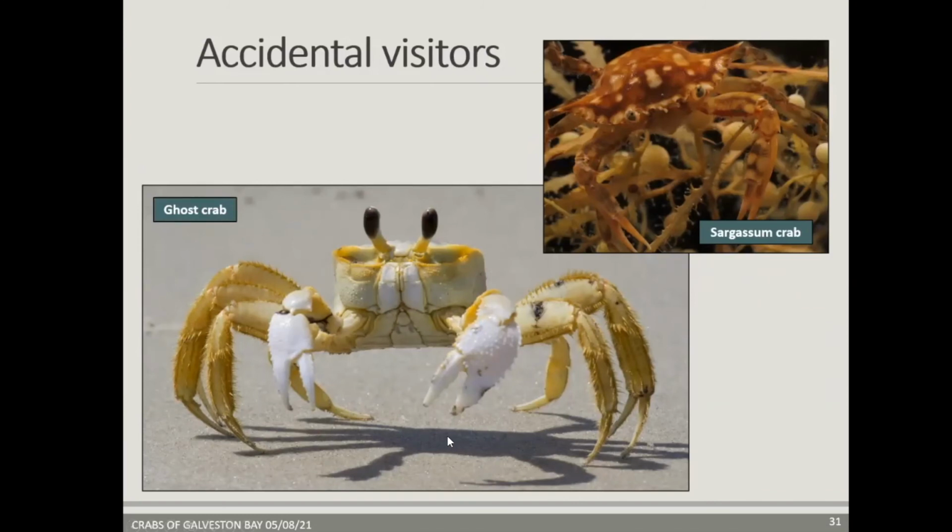You'll never find it in the bay because it likes sand dunes, unless we've had a hurricane or some other kind of wild weather on the beach side that may toss these guys into the bay. And if sargassum makes it into the bay, which is highly unusual, then every once in a while you might be able to find a sargassum crab. And sargassum crabs, if you look at the shape here, they are swimming crabs. They're in that same family, Portunidae.